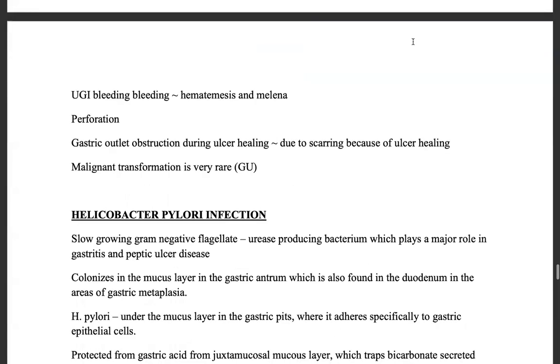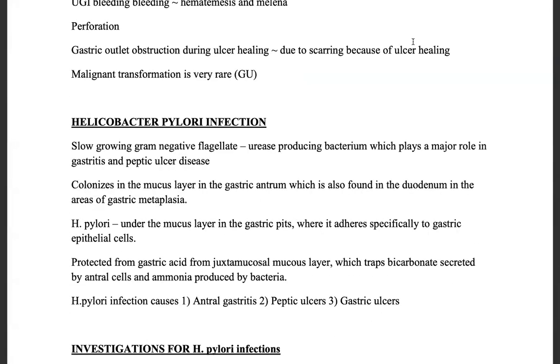Okay, let's move on to Helicobacter pylori infection. Okay, so H. pylori is a very popular infection which can result in peptic ulcers, mainly peptic ulcers.